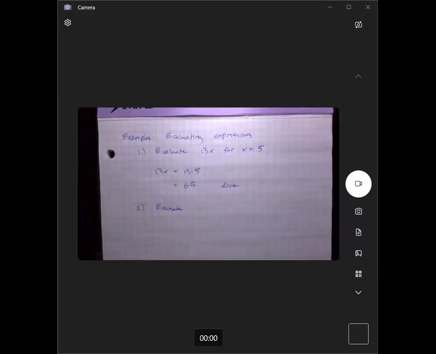Let's evaluate a slightly more complicated expression. How about 4x minus 12, and we're going to take all of that and multiply it by 2, for x equals -3.